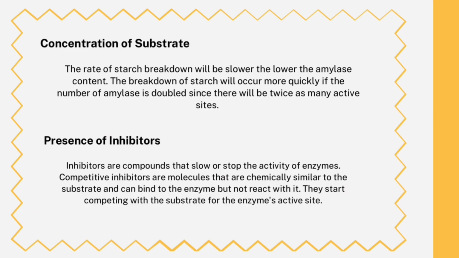Concentration of substrate. The rate of starch breakdown will be slower the lower the amylase content. The breakdown of starch will occur more quickly if the amount of amylase is doubled since there will be twice as many active sites. Enzymes are long protein molecules that have been folded into a globular shape.